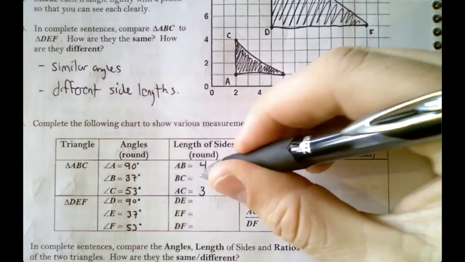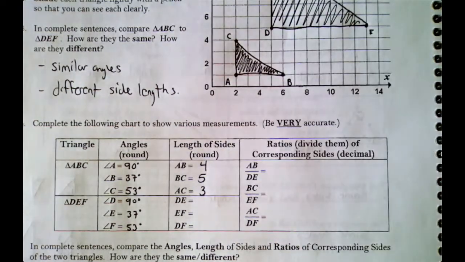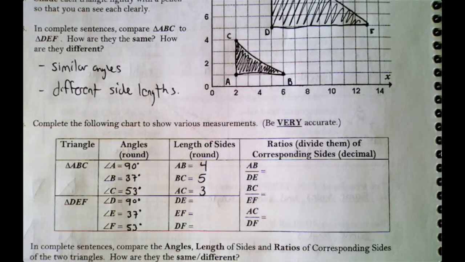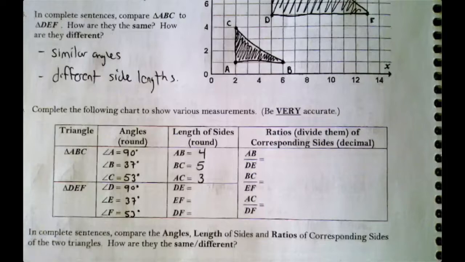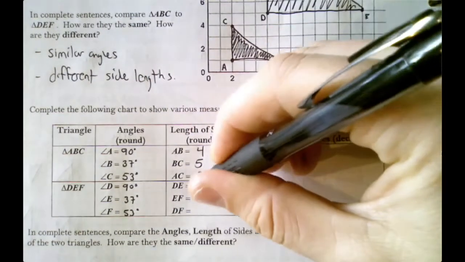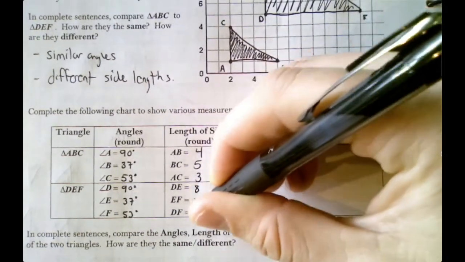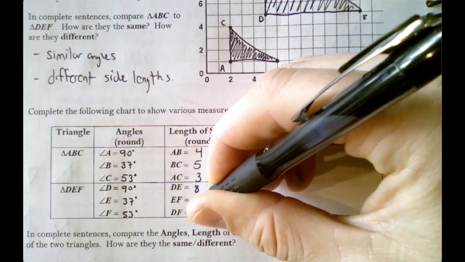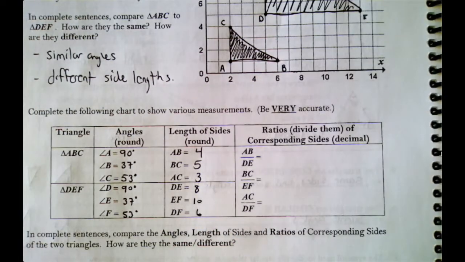I went ahead and did that previously and I got 5. We are going to do it in later lessons, but for now we would just count it. The bigger triangle had bigger sides. D to E was 8, E to F was 10, and D to F was 6.